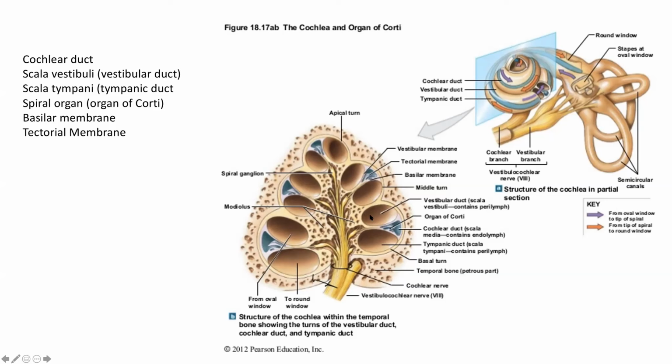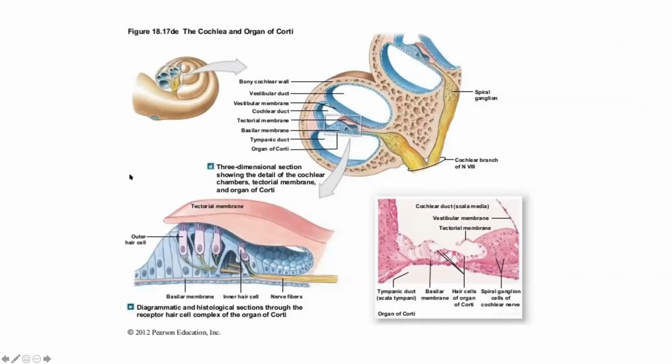So let's look at this one. It gives us a better view of the organ of Corti. This whole thing is the organ of Corti. There are some models of this in lab, so you're going to have to know the different parts of it. Again, the one on the superior side here is the vestibular duct. The tympanic duct is on the inferior side here.